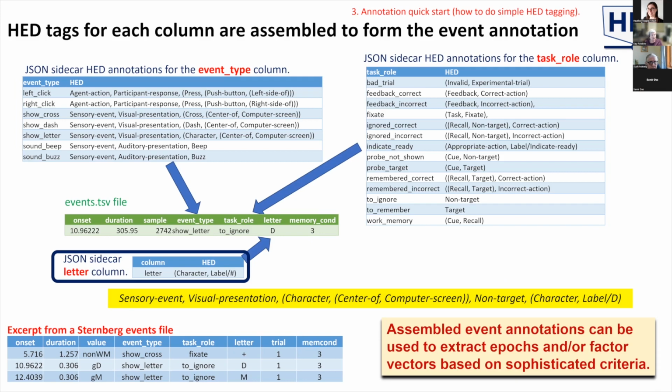And so once those are looked up, the assemble tools will create an assembled HED tag for that particular event. And this isn't done and put in the events file. It's done at analysis time on the fly. And it's a fairly fast process.